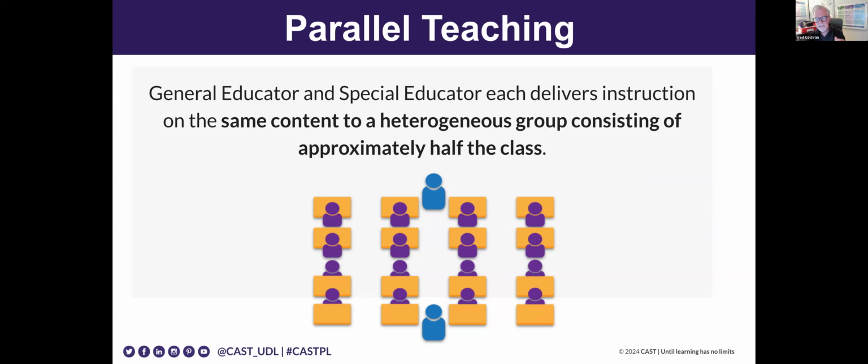So you have this setting where you're dividing the class up, and maybe it's not exactly in half. It doesn't have to be in half, but that's the image we want to explain here, of what this might look like.